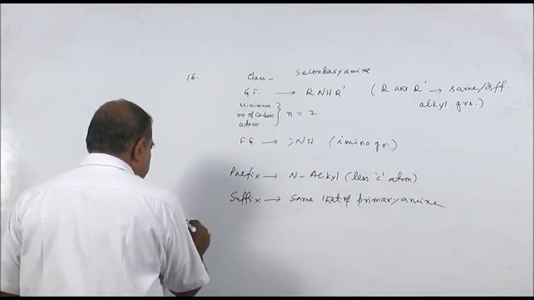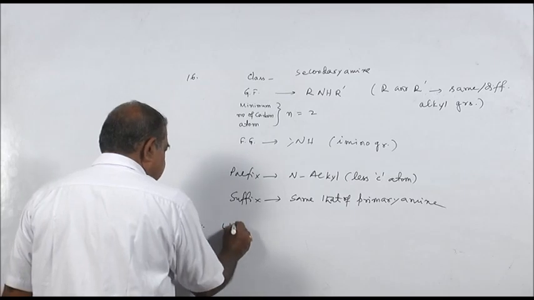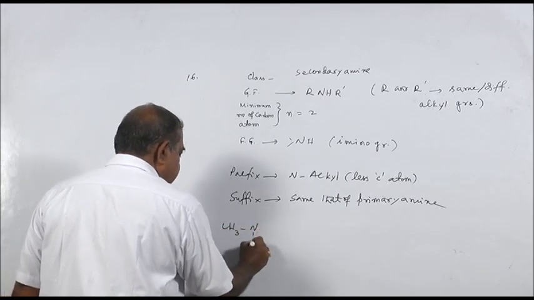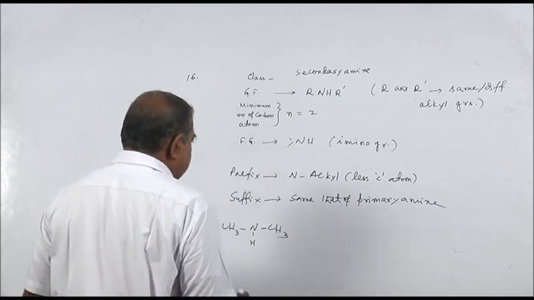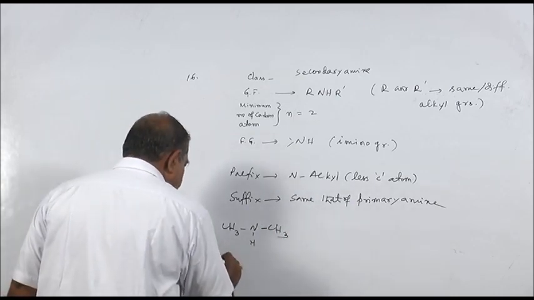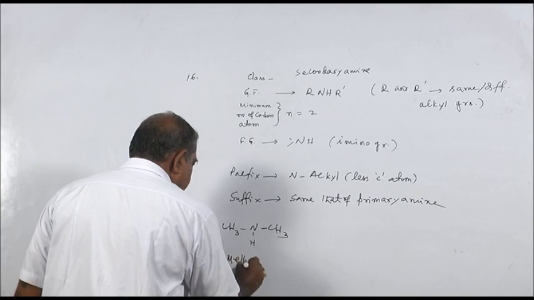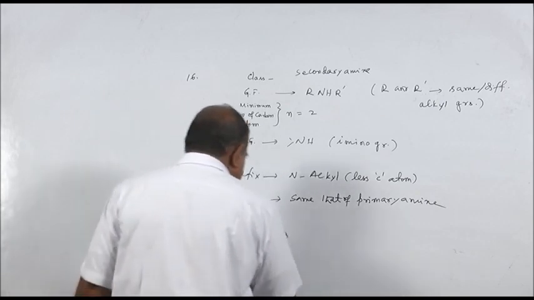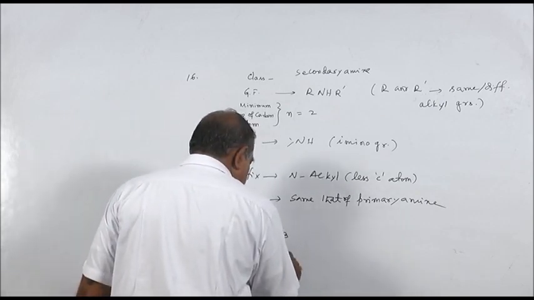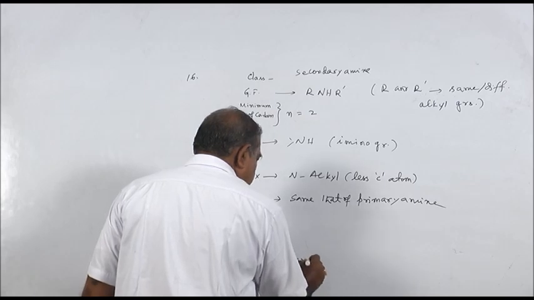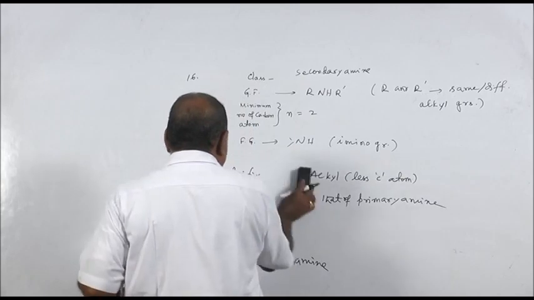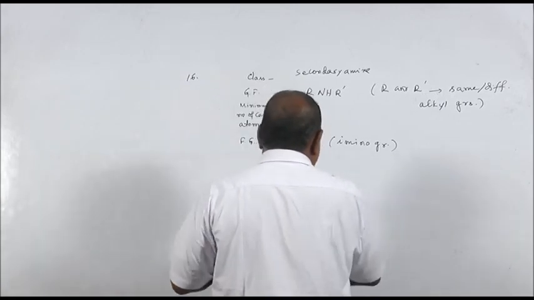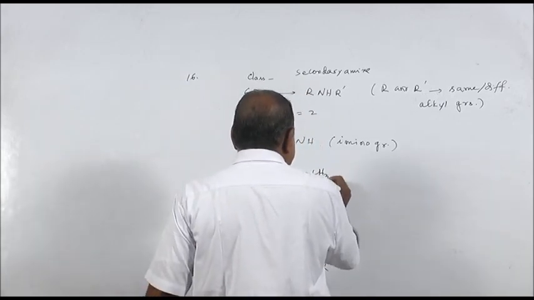Examples, let us take CH3NHCH3. So here both alkyl groups are the same, so you can write any one of them, that is N-methyl, N should be capital, N-methyl methanamine.